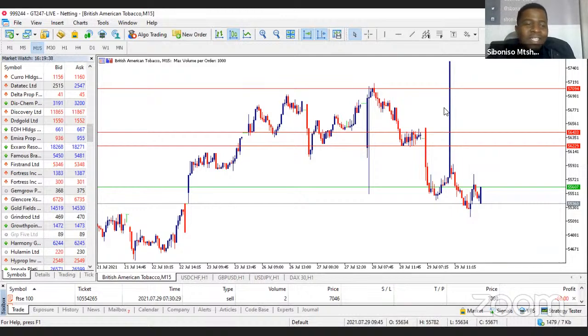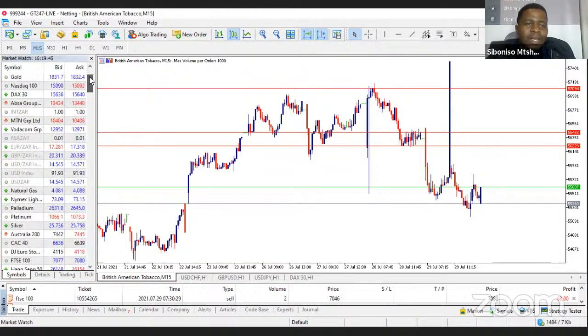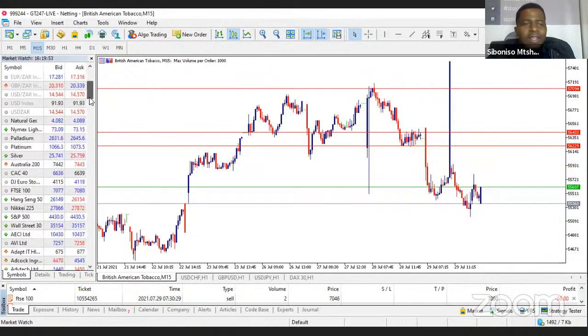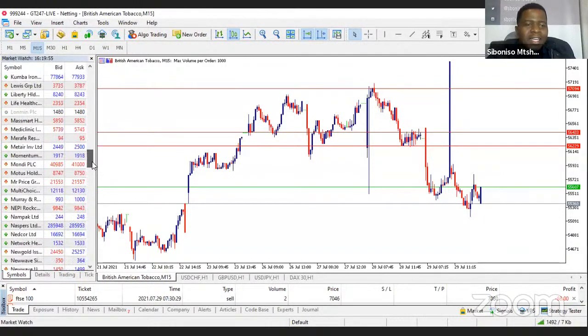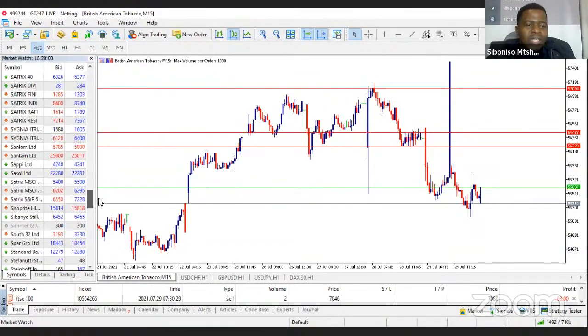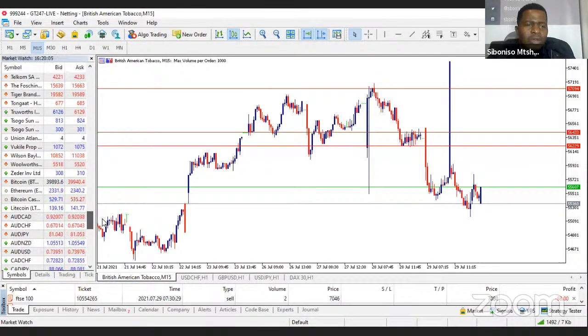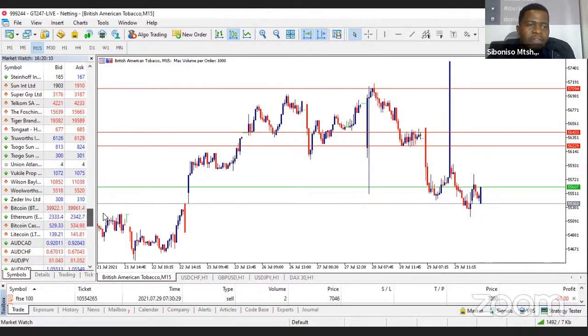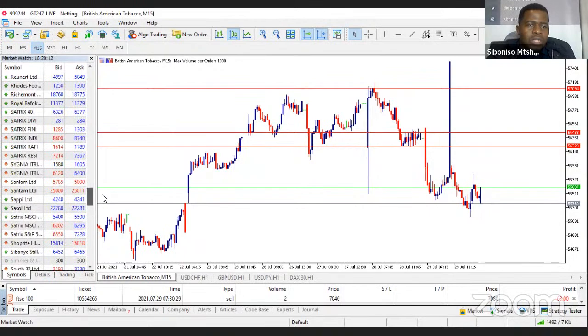Those are a few things I need you to understand when it comes to this business. The market is very volatile, especially when it comes to indices and currencies. But when we are trading shares, you can use smaller time frames, and they are not that hectic, whereas bigger time frames are very slow when it comes to trading shares.